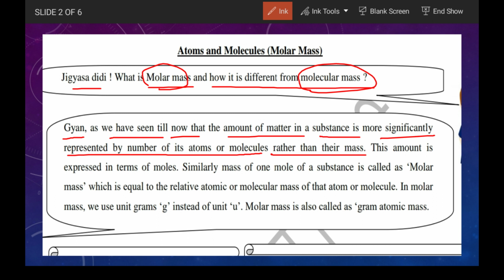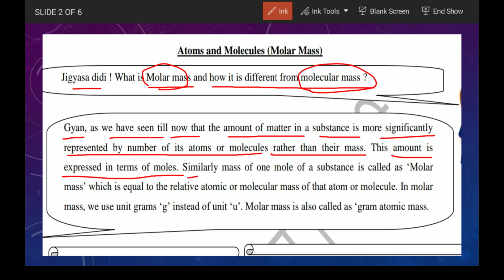So this amount is expressed in terms of moles. We have understood the concept of mole in previous worksheets. For this, you have to watch my previous video also.